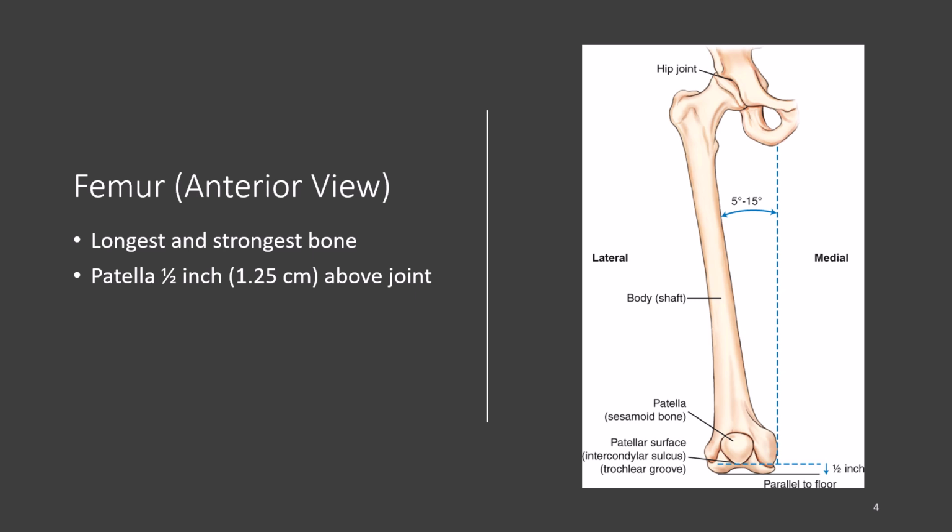And then we're going to talk about this 15 to 20 degree angle that they show here. We're also going to discuss the fact that this is referencing the condyles being parallel to the floor, right? Again, this is figure 6.19.